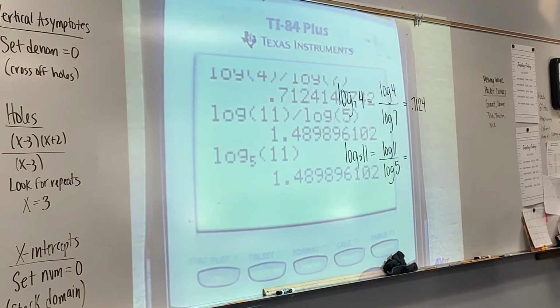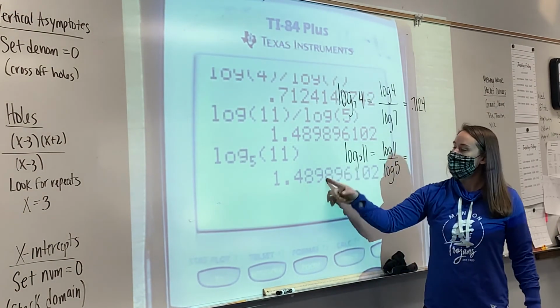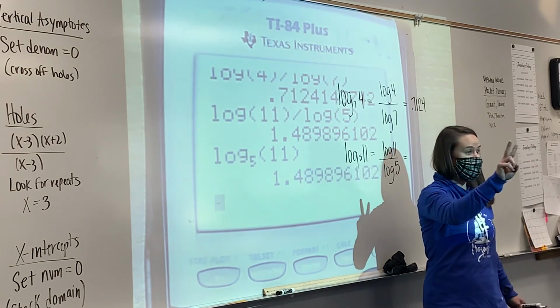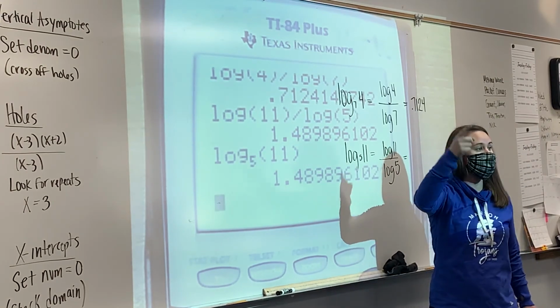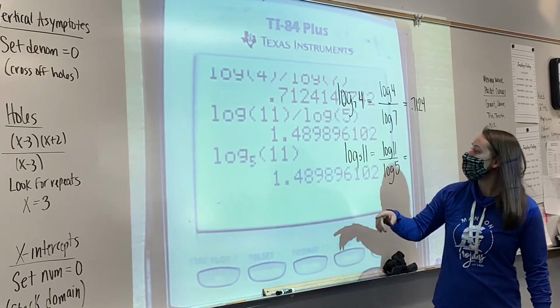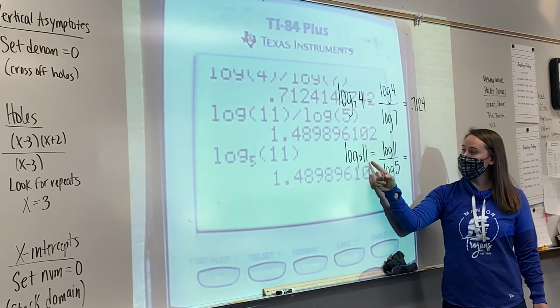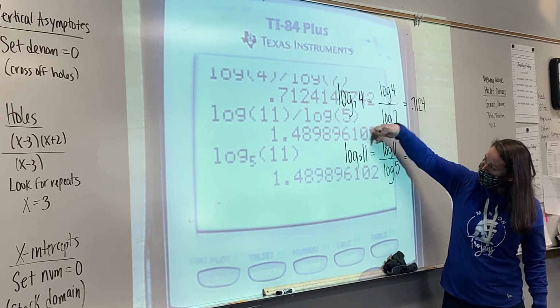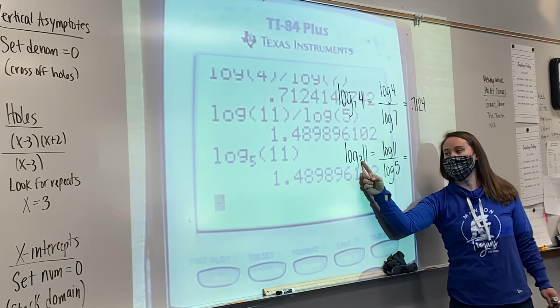And look, I get the same answer. So you've got 2 methods to do this problem. You could press math and then go all the way down to do the log base thing. Or if you're asked to do this, you would just do log of this number here divided by log of this number here.